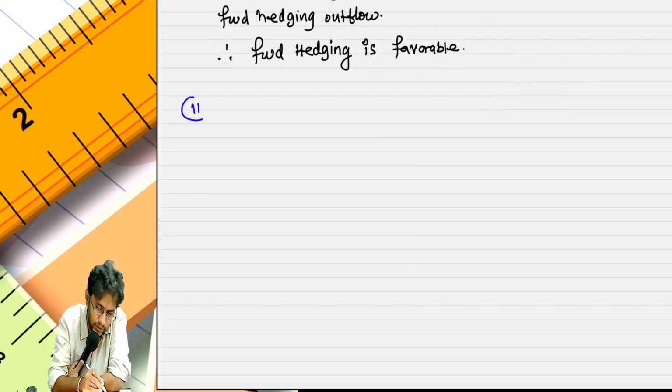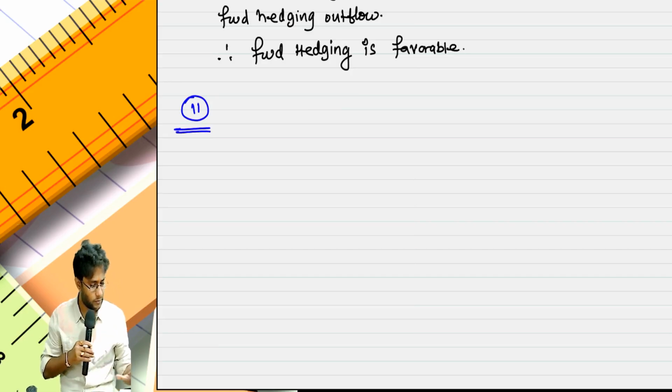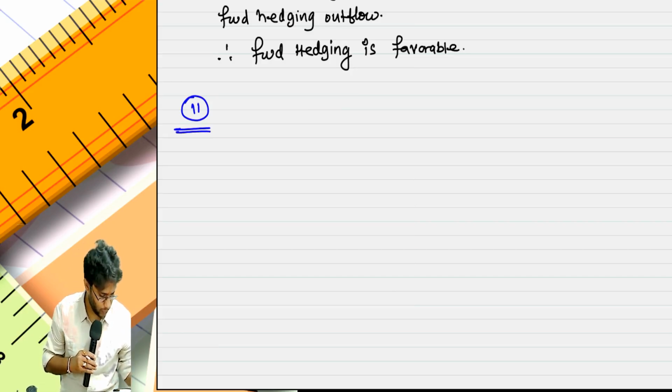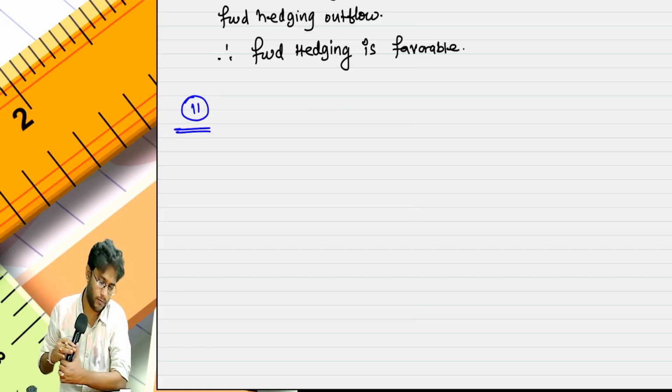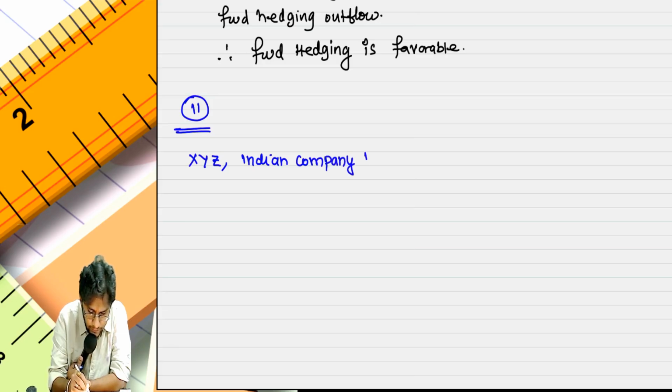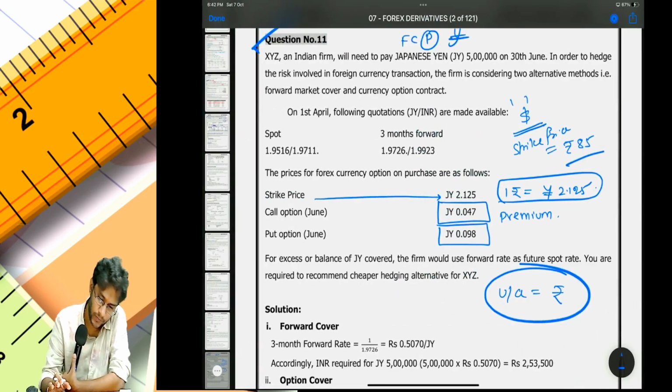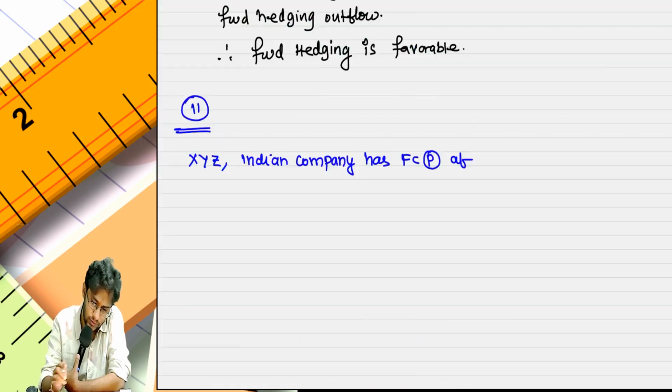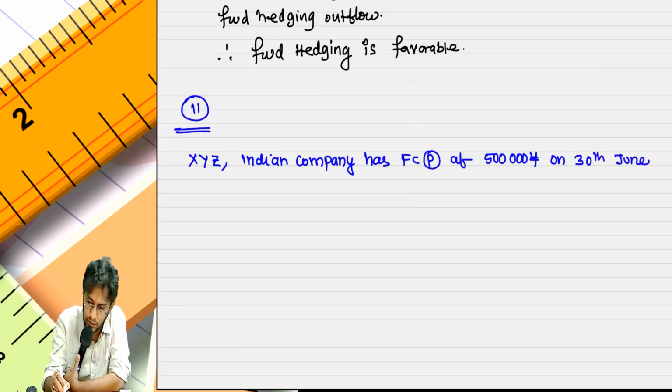So question number 11. XYZ, an Indian company, has FC payable of 5 lakh yen on 30th June.